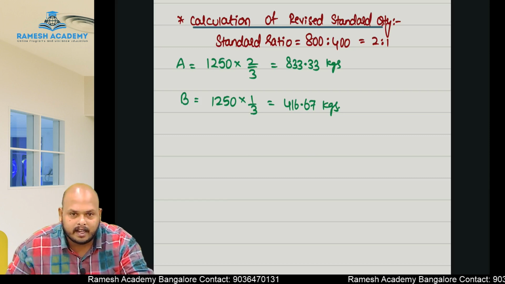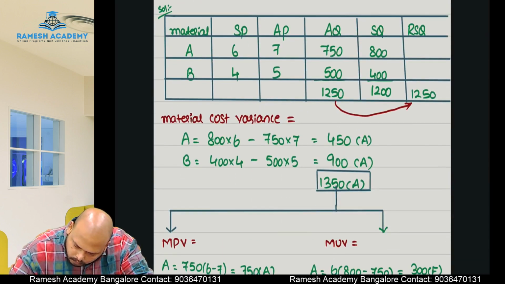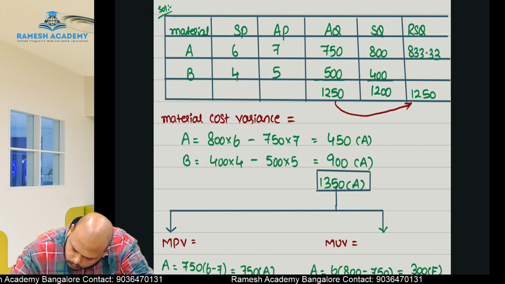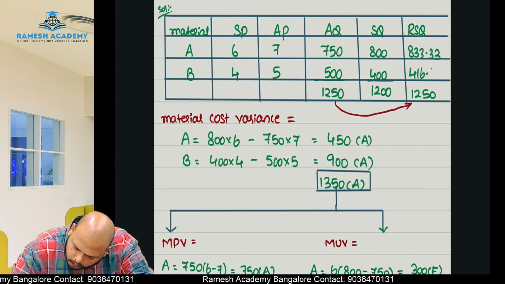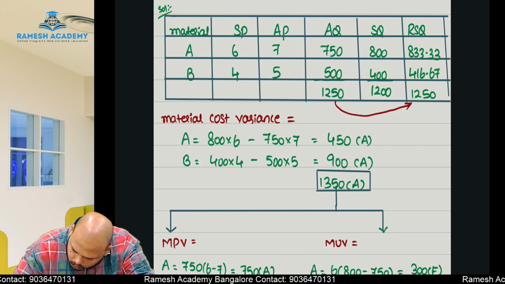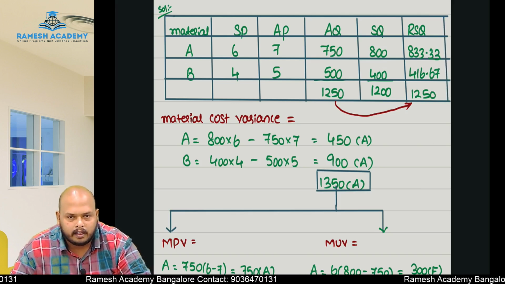So we got the revised standard quantity: 833.33 and 416.67.